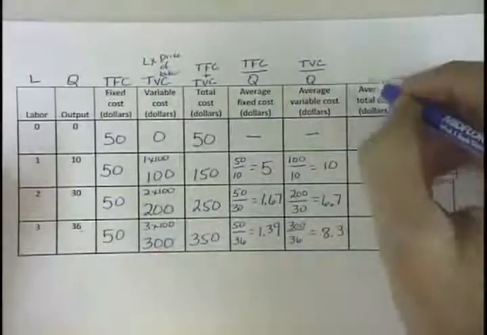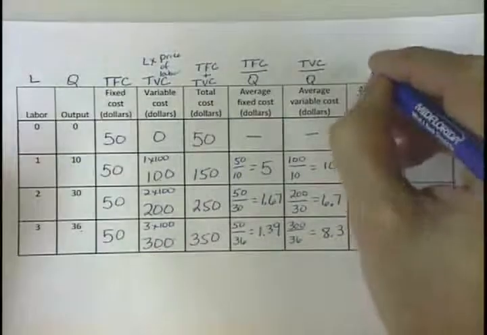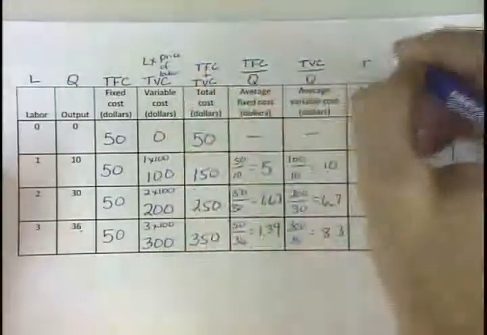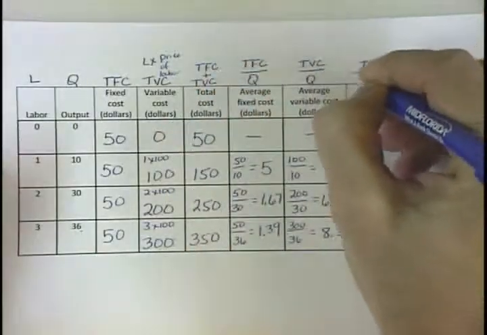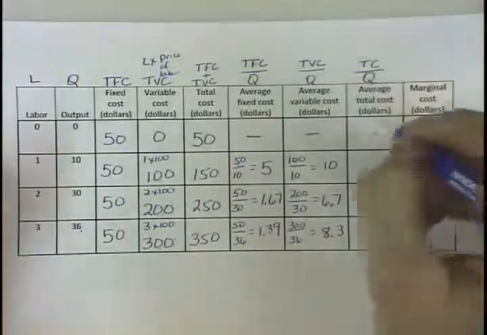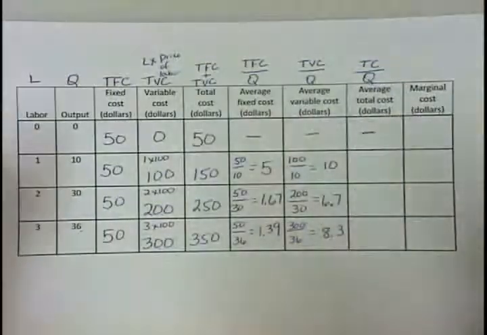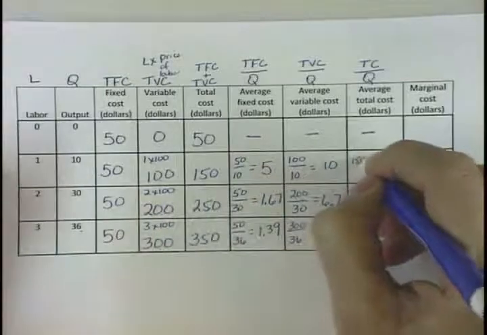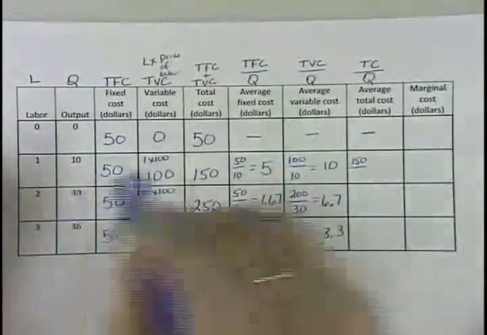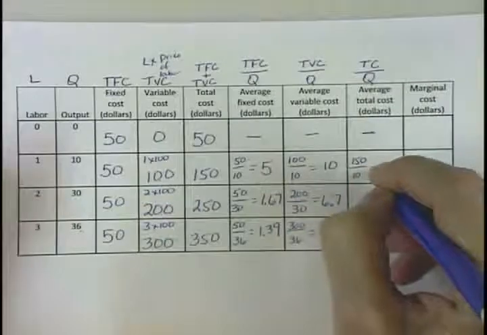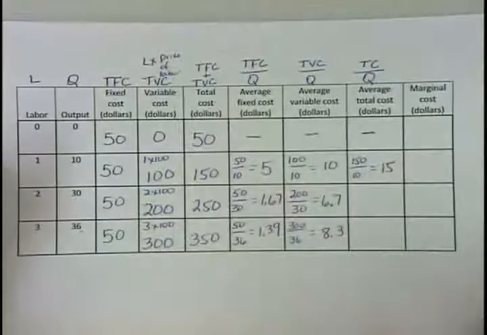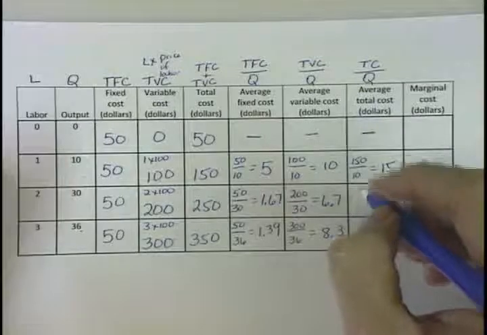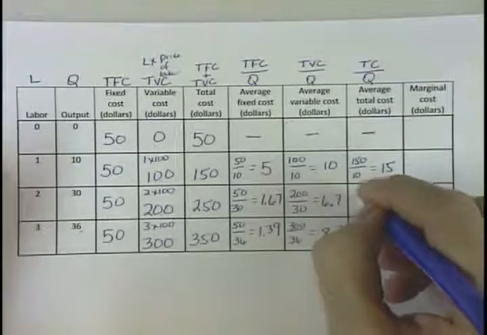On average total cost, we're going to take our total cost, this column right here, divided by Q. Again, we can't divide by 0, so we don't have anything there. Our total cost here is 150, and our output, our Q, is 10, so this is 15. Our total cost with 2 units of labor was 250.